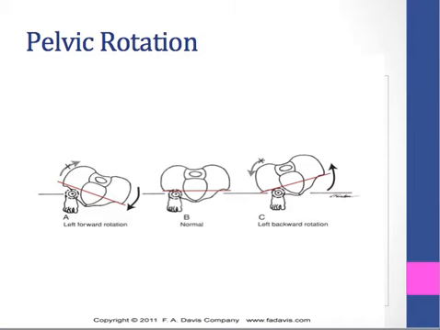If we're talking about pelvic rotation in that bilateral stance, we can see that it's the same as that lateral pelvic tilt. Both feet have to bear weight, and so the axis of motion is through that vertical axis through the center of the pelvis.